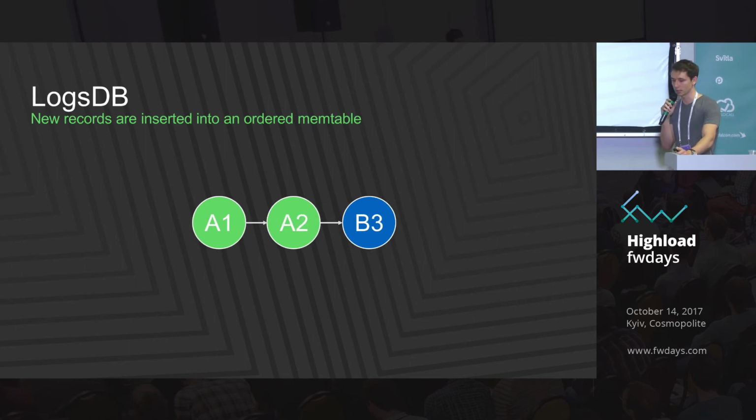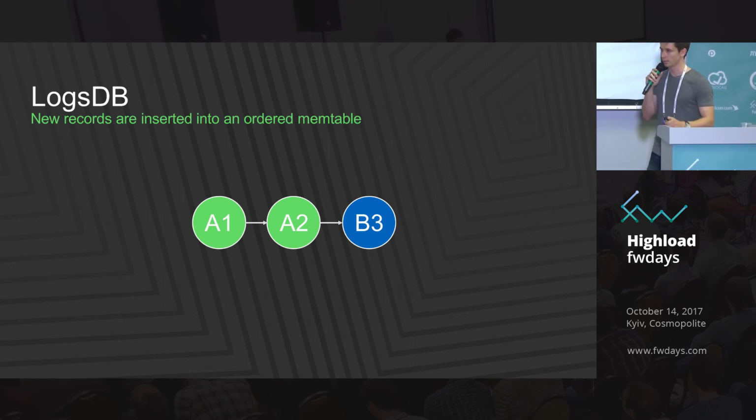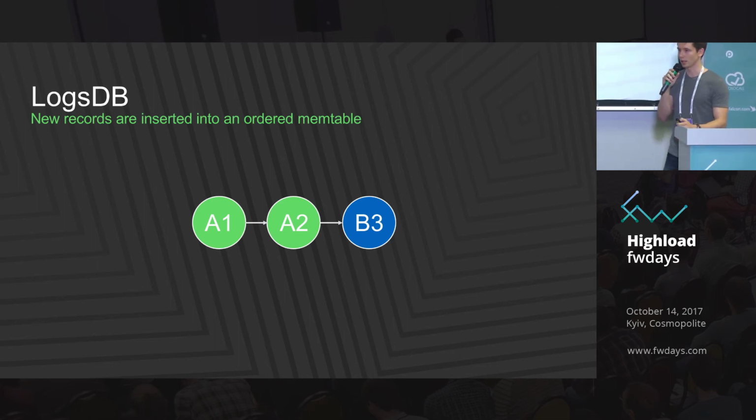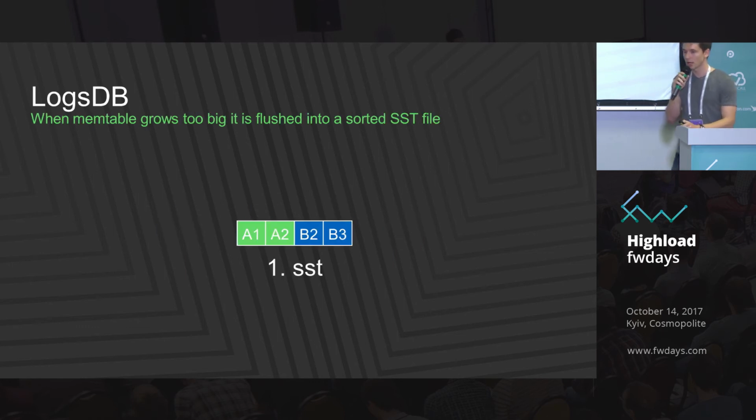Basically, it looks like a list, and once we start getting new records, they are already sorted in RAM. And let's look at how we store records for A1 and B, and for A and B logs. And once it gets big enough, we flush it.